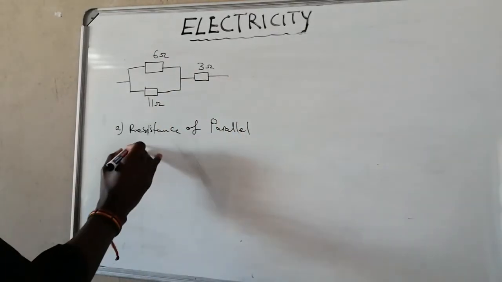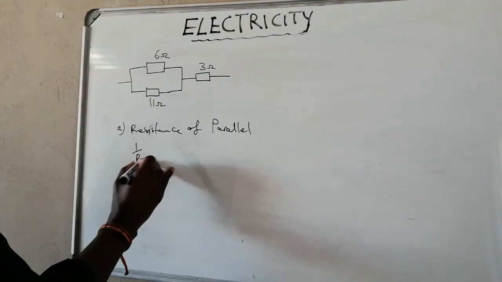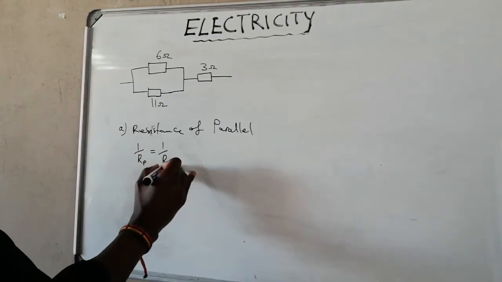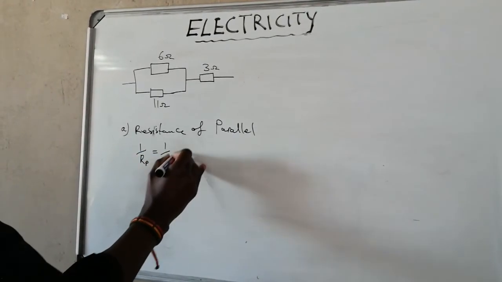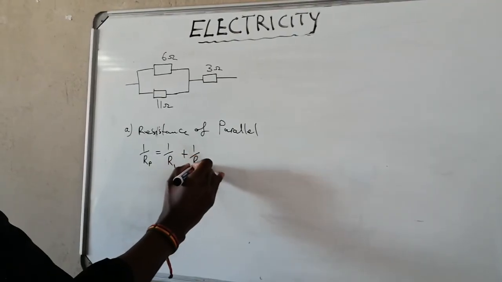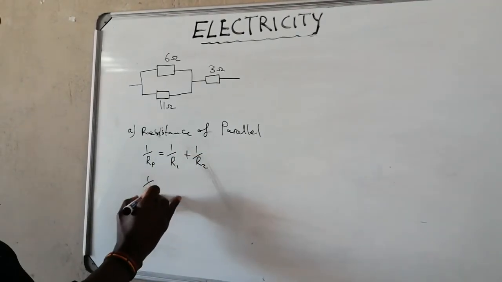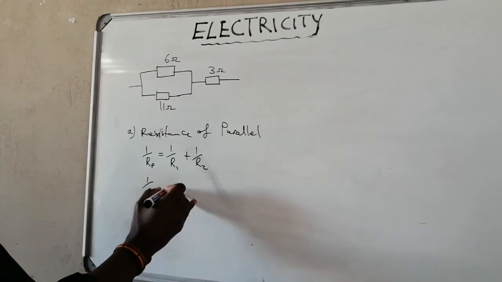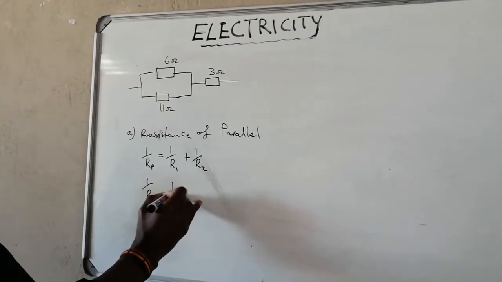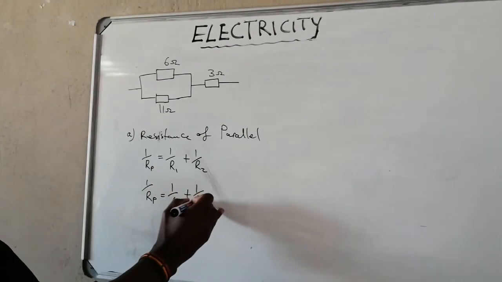Which is these two. Remember what we said? For the parallel resistance, it will be 1 over resistor 1, plus 1 over resistor 2, and so on. One over 6 plus 1 over 11.